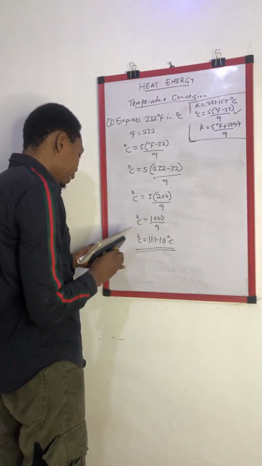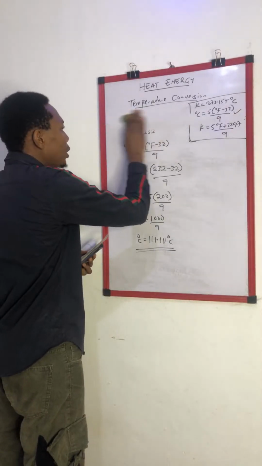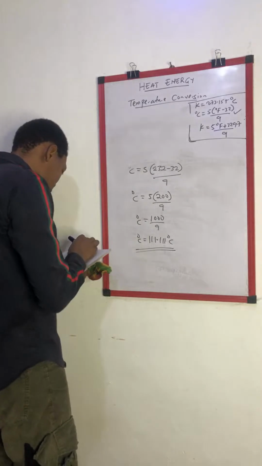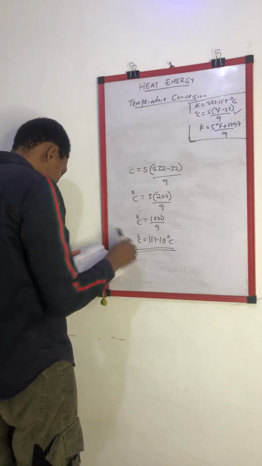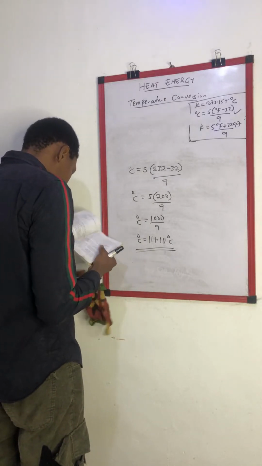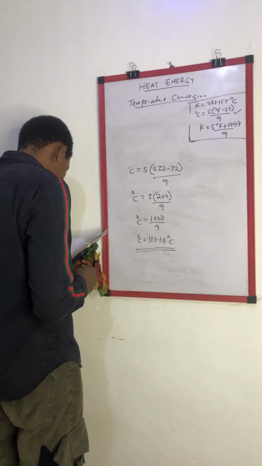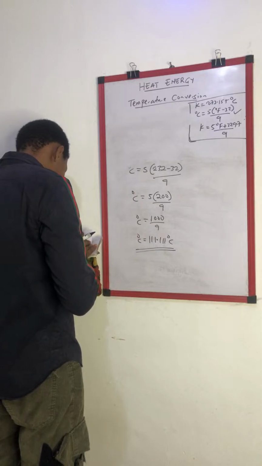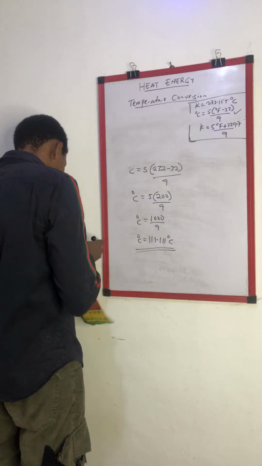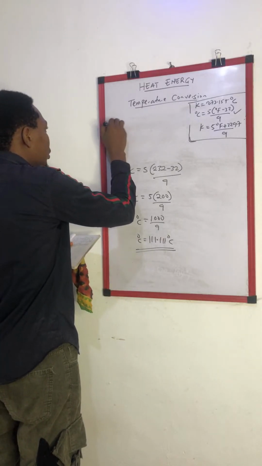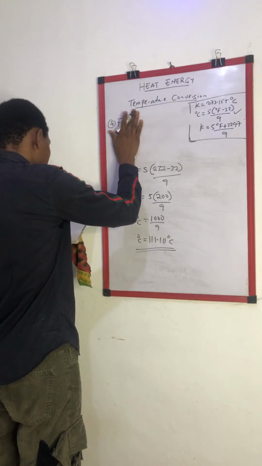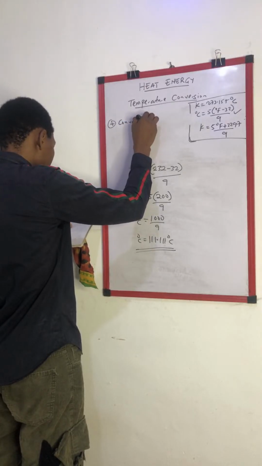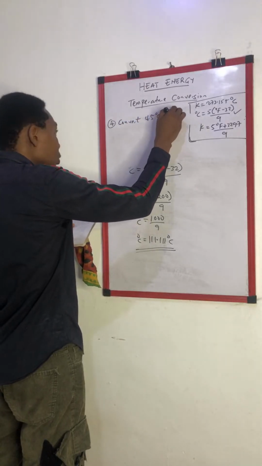So let's move to the next one for question number 4. Express, okay, convert 45 degrees Celsius to Kelvin.